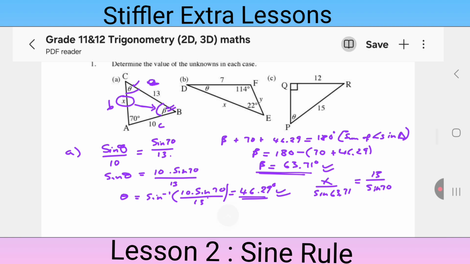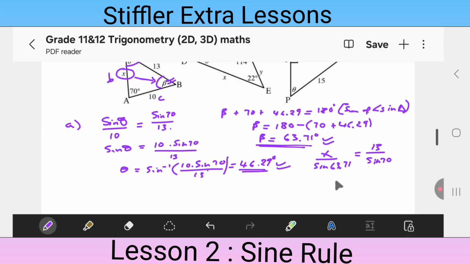So x will be equivalent to sine 63.71 multiplied by 13 all over sine of 70, which makes x equivalent to 12.40 units.